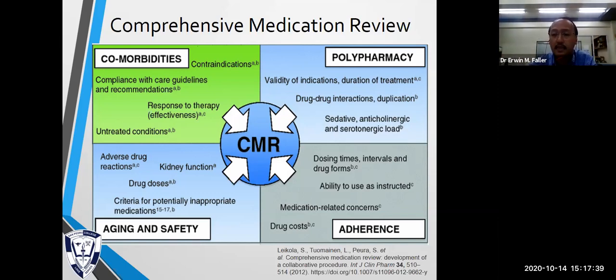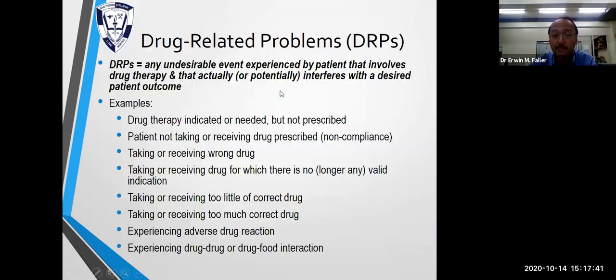Okay, looking at drug-related problems. In the drug-related problem, this is the main core of the interventions that we need to do for a certain patient.